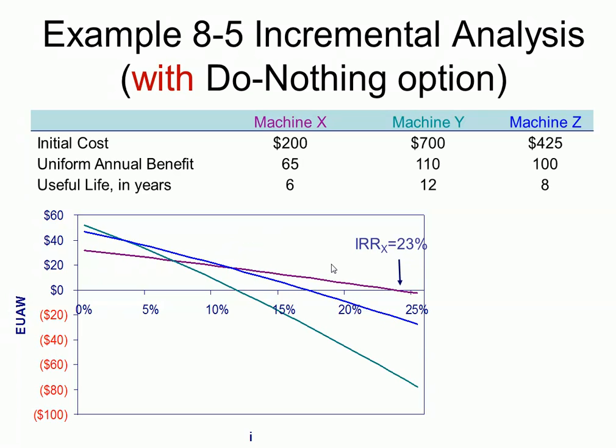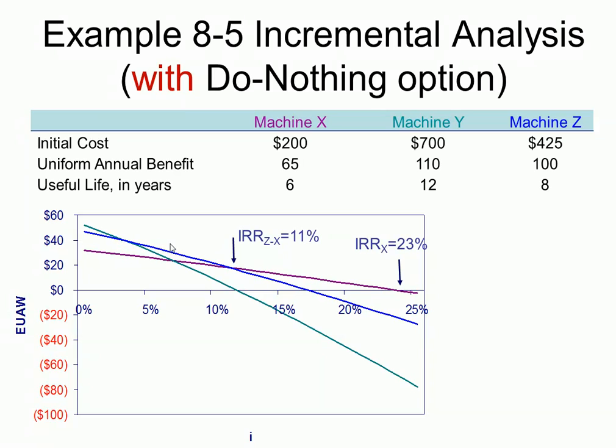And then we're looking at the next level. Machine Z is compared to machine Y, because machine Y is the next higher alternative after machine Z. So where do these curves intersect? They intersect right here at this point.